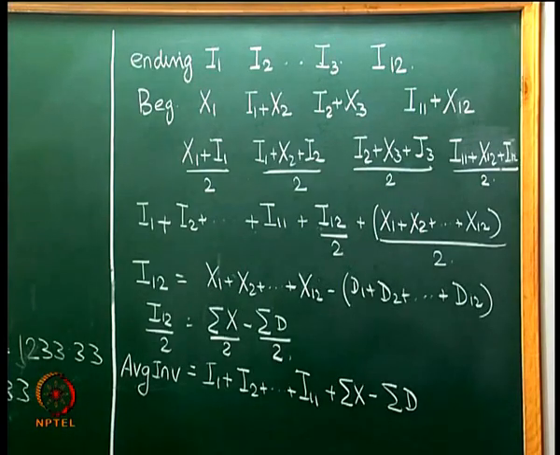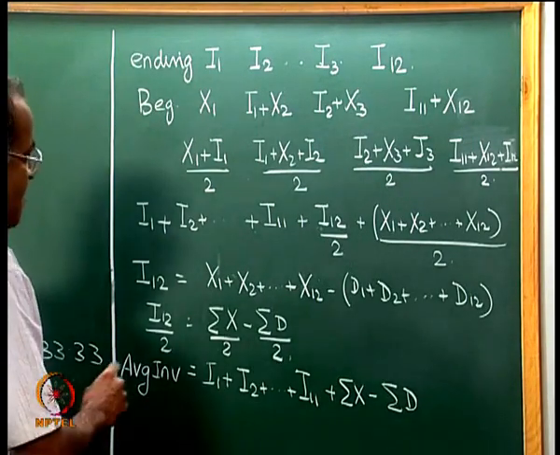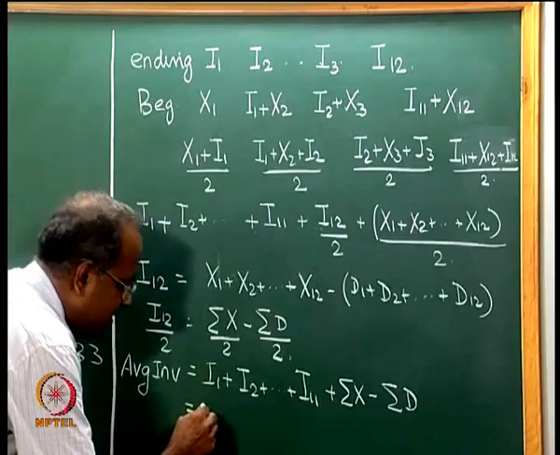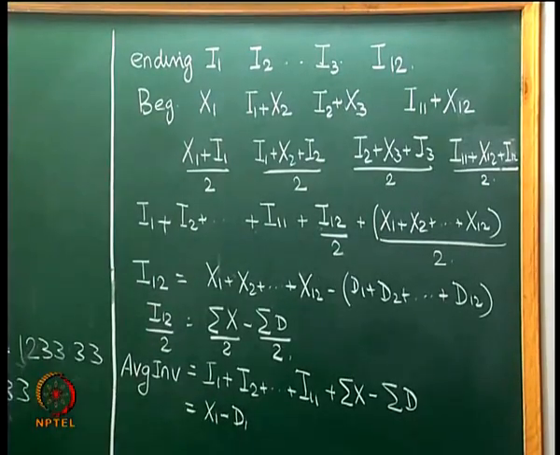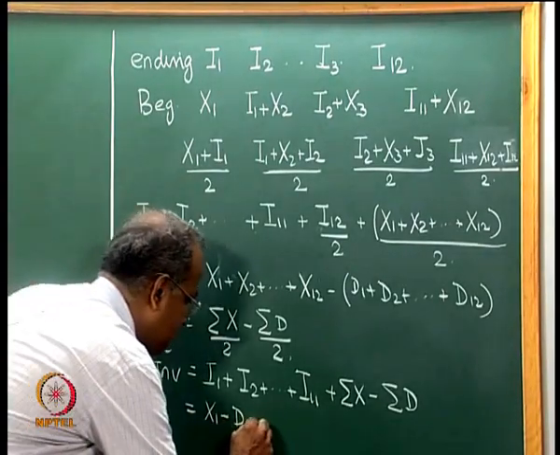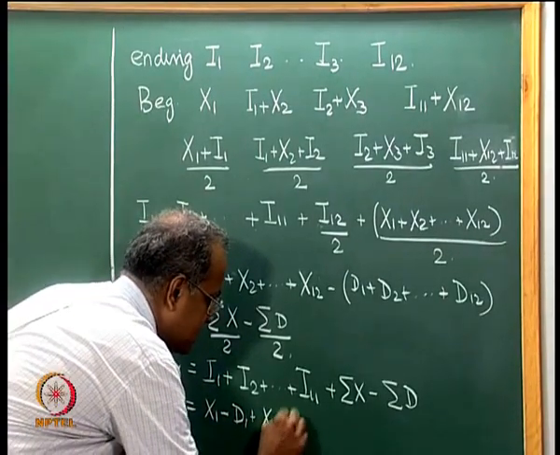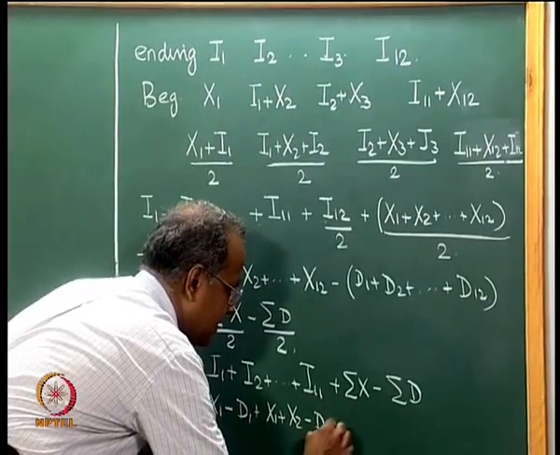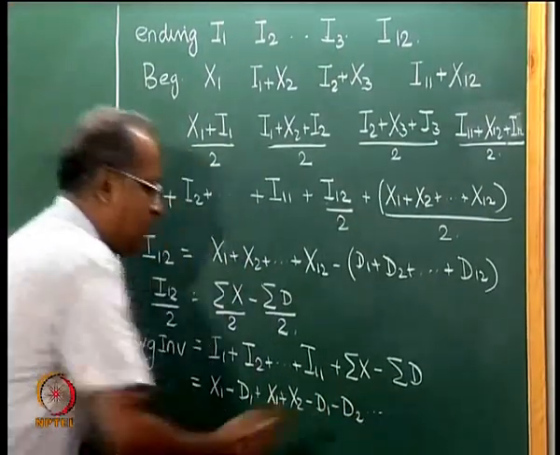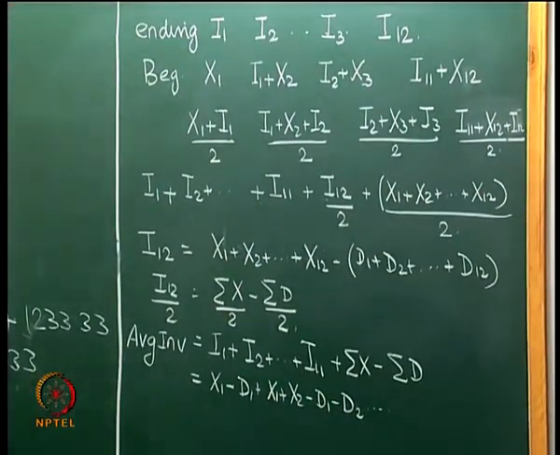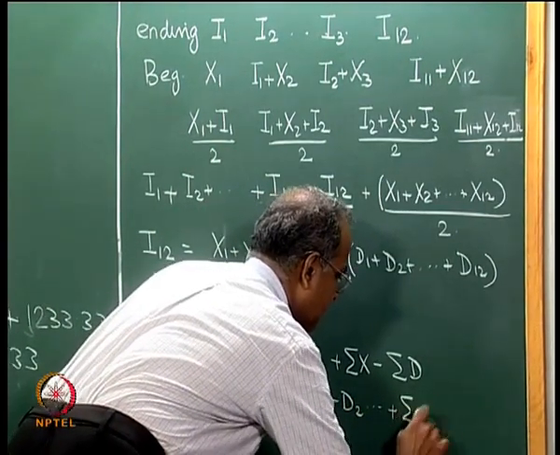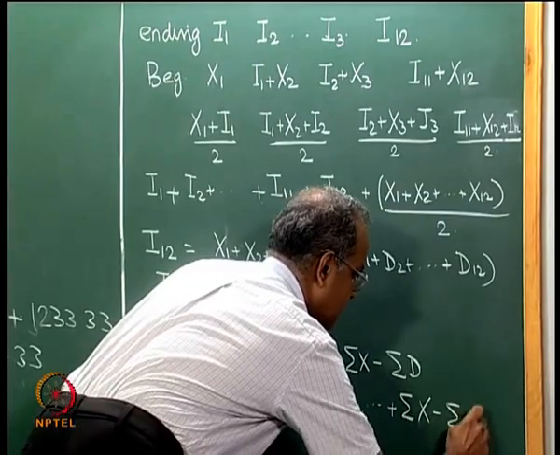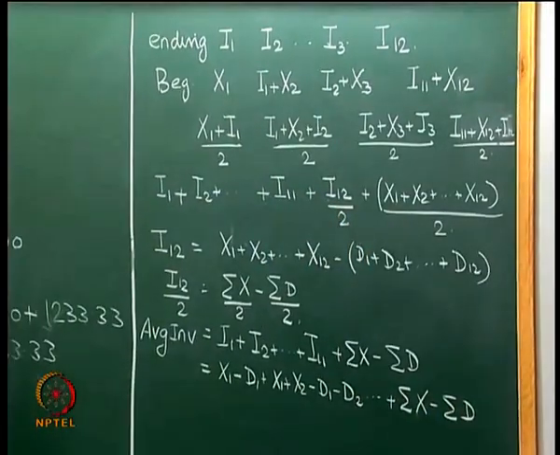Now, what is I1 plus I2? I1 is x1 minus d1, I2 is x1 plus x2 minus d1 minus d2 and so on. Then plus sigma x minus sigma d.